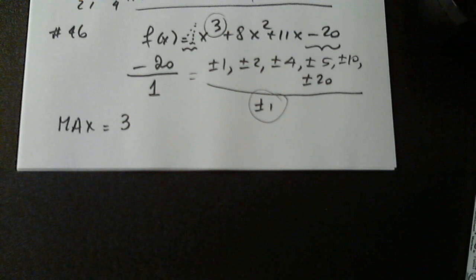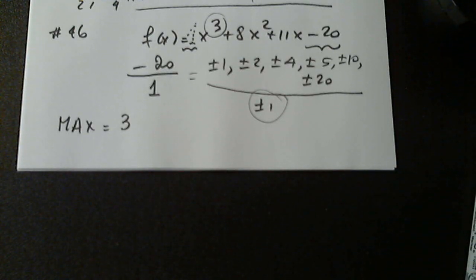So, I will punch it into the graphing calculator. Here is my y equals. In y equals, I clear everything, and I put in this function, x to the third.